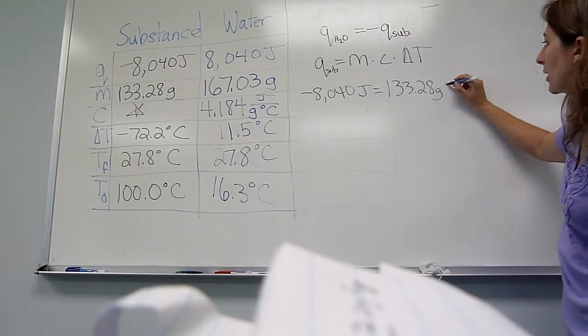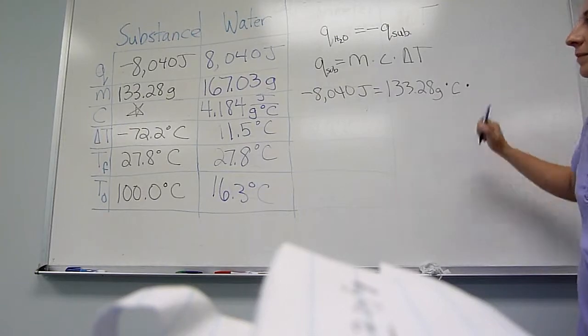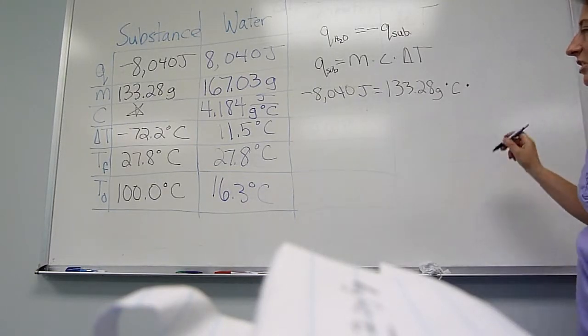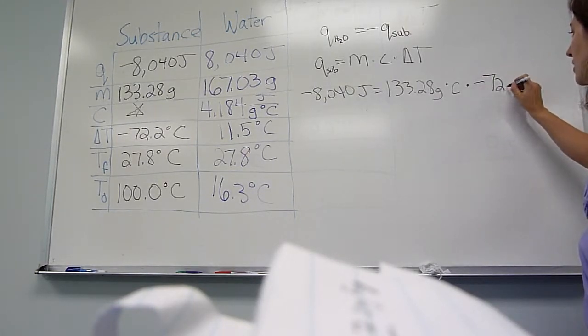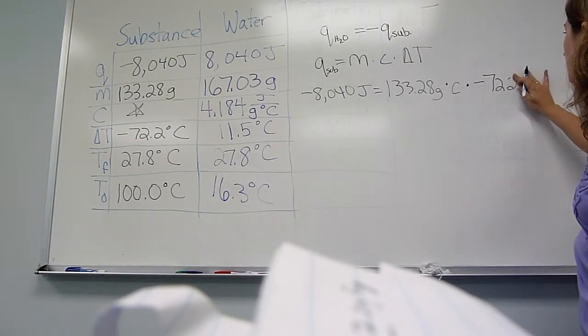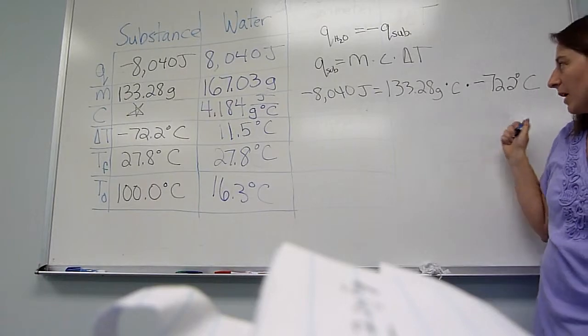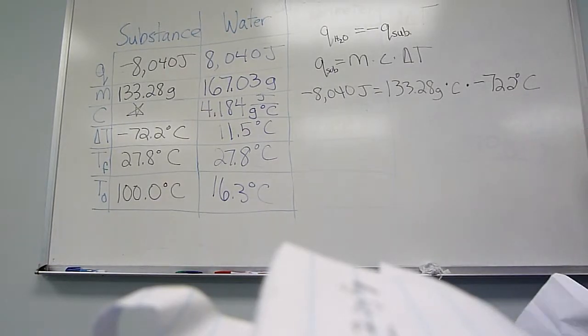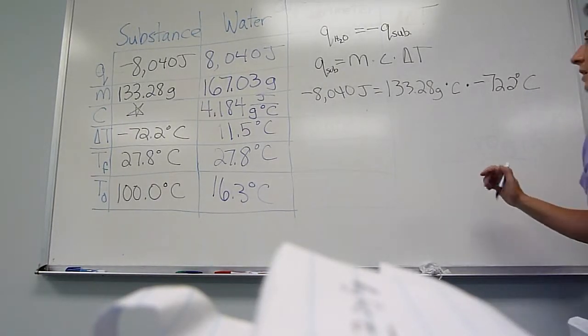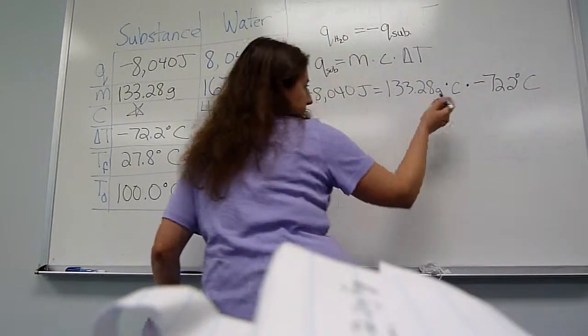C is our goal. We don't know what it is. That's our unknown. And then our change in temperature, a negative 72.2 degrees Celsius, the amount of temperature that the substance lost. Okay, so we solve for C.